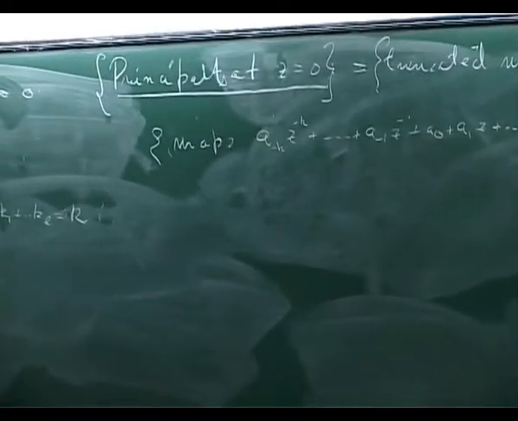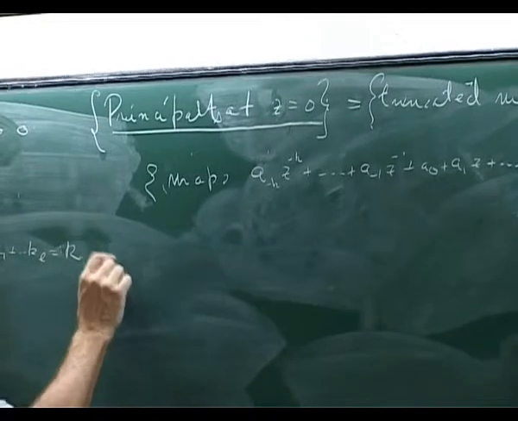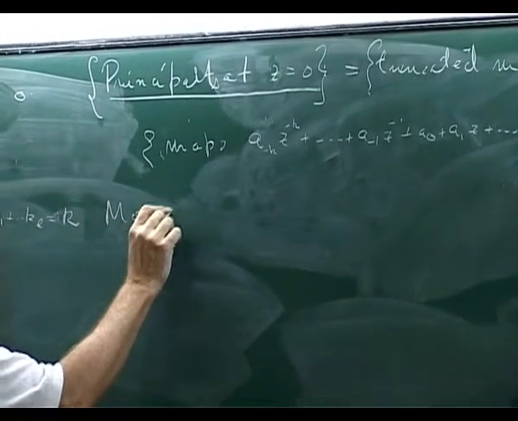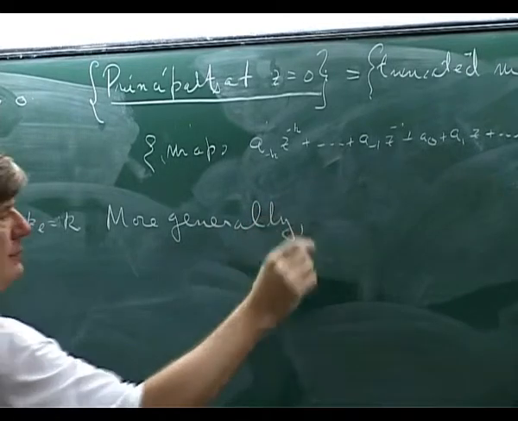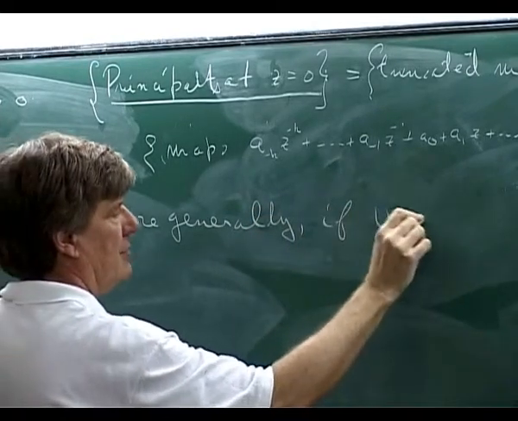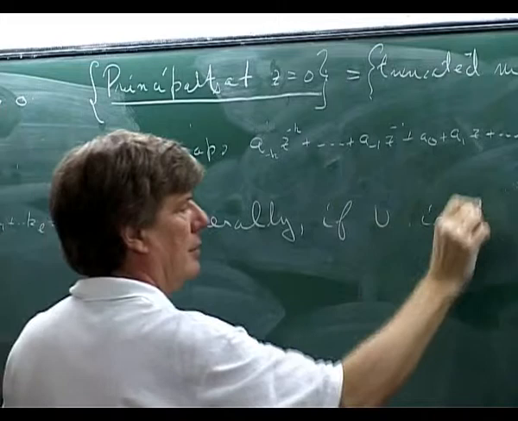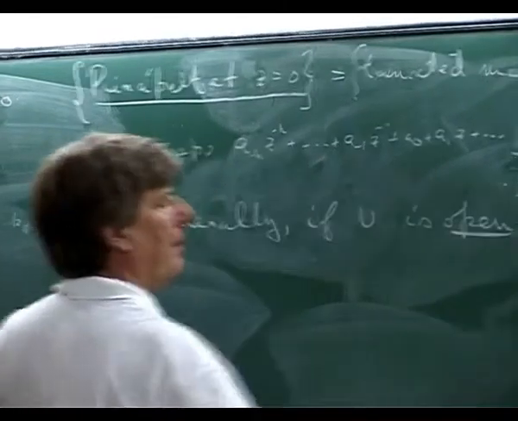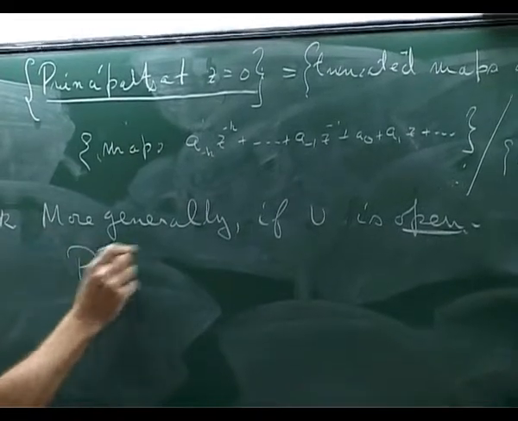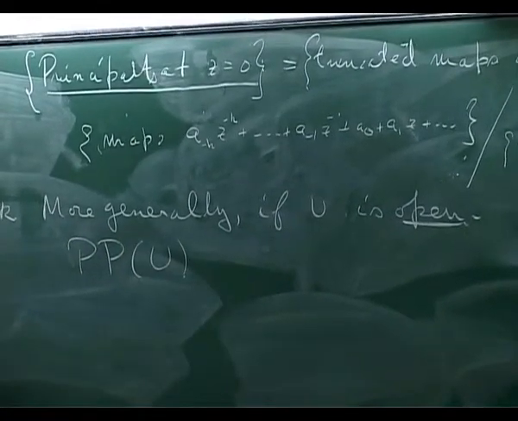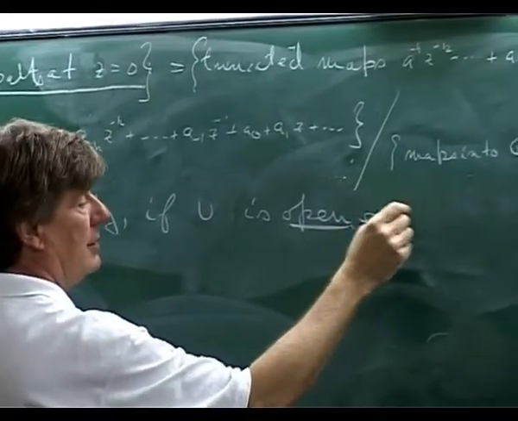Okay, so more generally, if U is open, you can define a presheaf. You define the principal parts on U, so open in C, say, or P1.